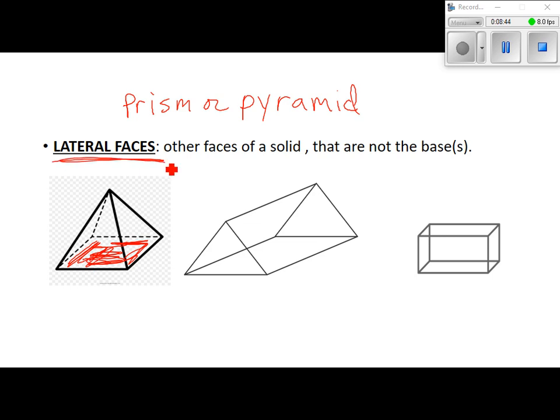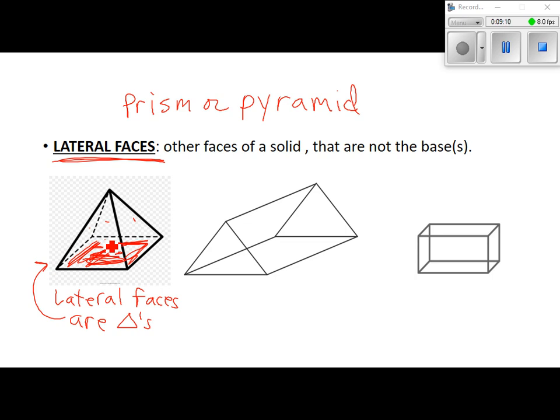So in a pyramid, the lateral faces are always triangles. In this case, this one has 4 triangles. So those 4 triangles are the lateral faces.